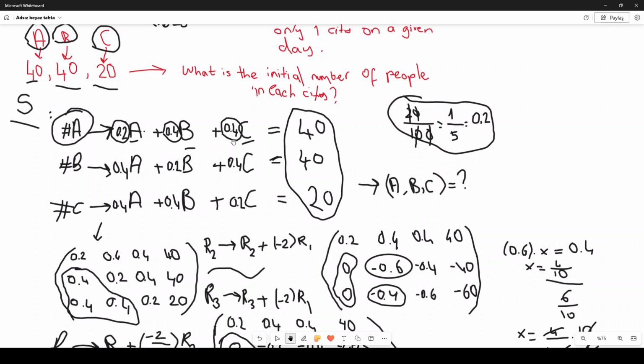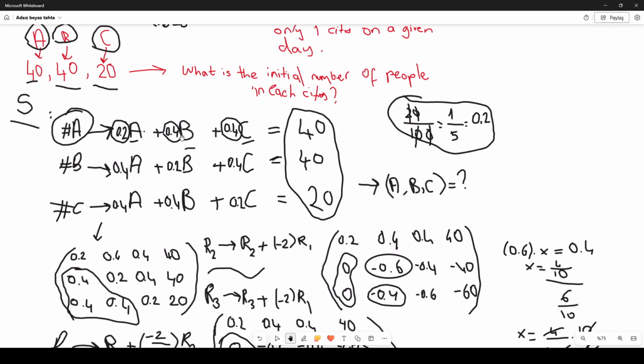How about the contributions coming from B and C to the number of A? Okay, then 20% of people prefer at least staying in city B, and for the remaining 80%, half of them go to A and half of them go to C, which means 0.4 goes to A, right?